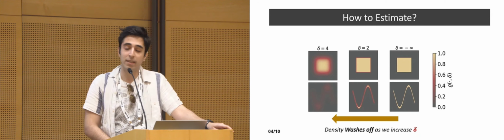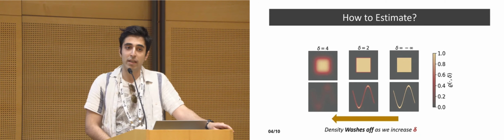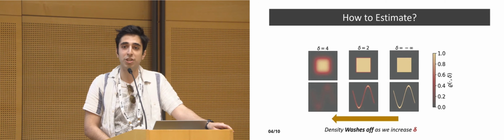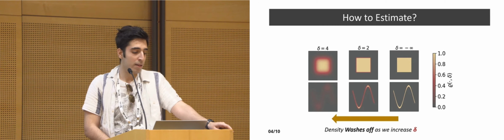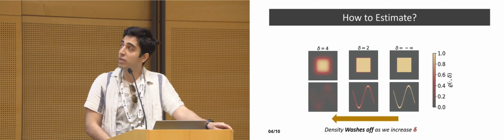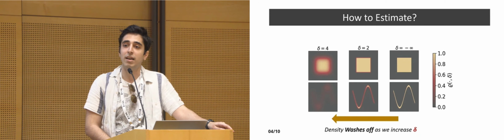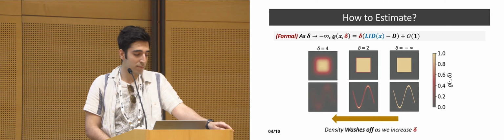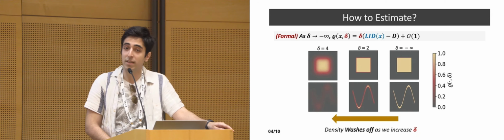We are increasing delta, and as you can see here, it corresponds to washing off the original density. Now, the cool thing here is that if you see the lower row, the washing off happens much faster. And so intuitively, if you have lower LID, you can wash off the probability density faster. This paper actually rigorously links these two.